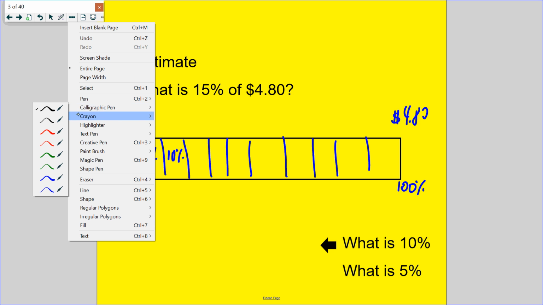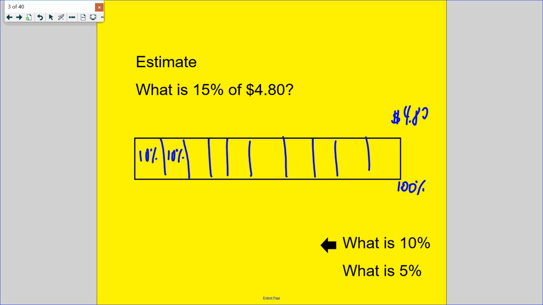How much would each 10% be? $4.80 divided by 10 is 48 cents. So every 10% represents 48 cents.